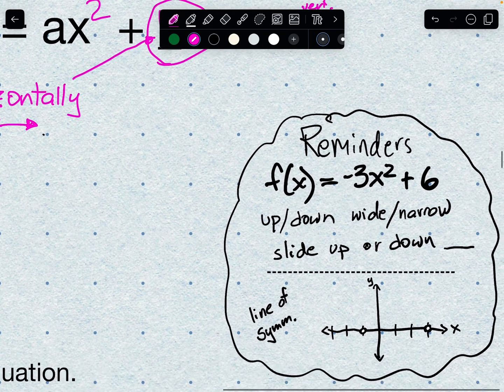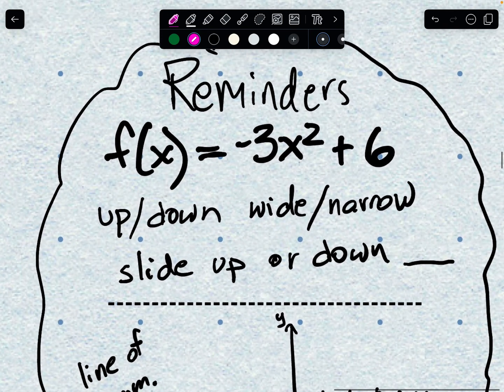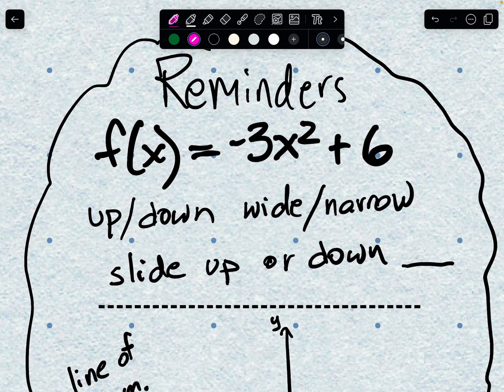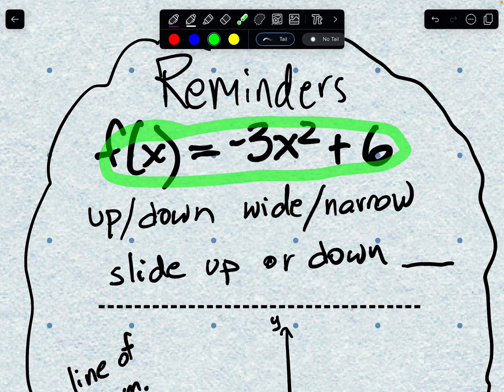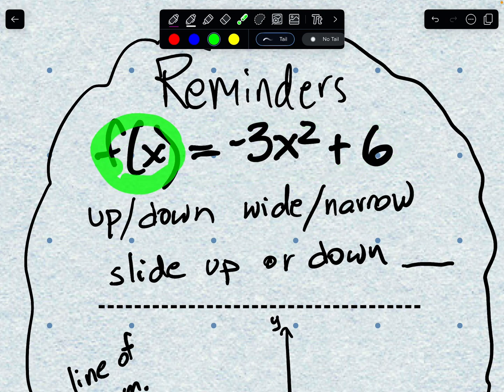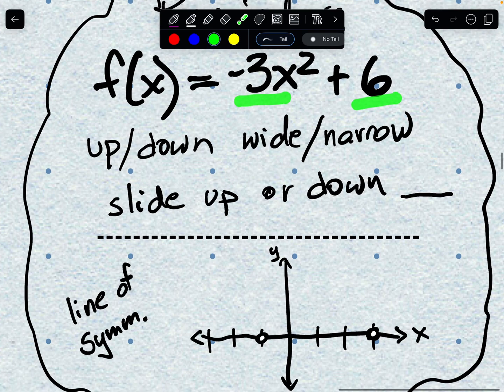So let's remind ourselves of where we have come so far with parabolas. Here we have a quadratic function. Notice it's written with function notation as opposed to just the plain old y. We have an a value and a c value. Does this parabola go up or down? Is it wide or narrow? And has it slid upwards or downwards by how much?